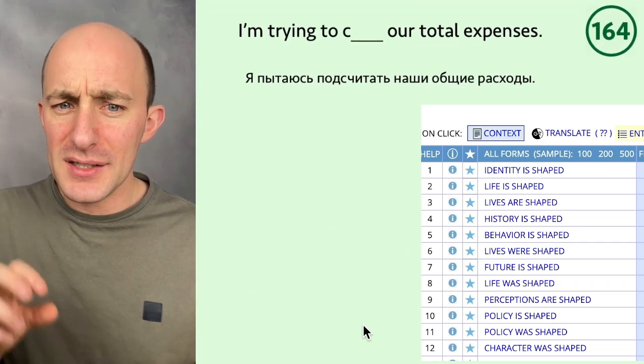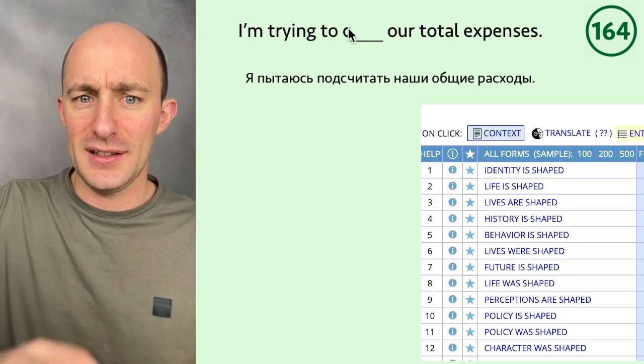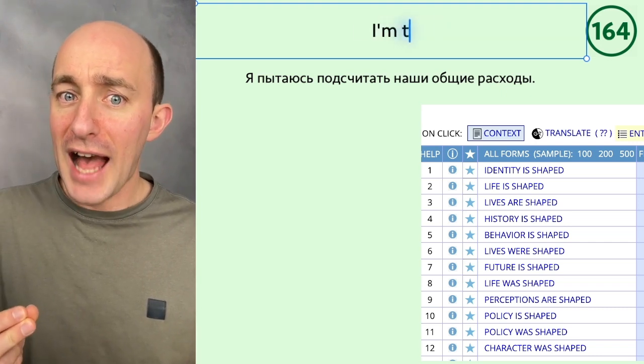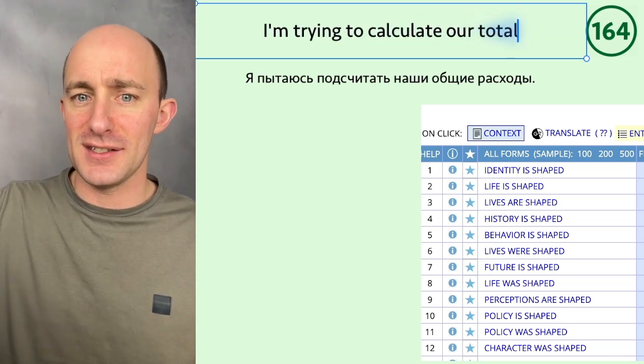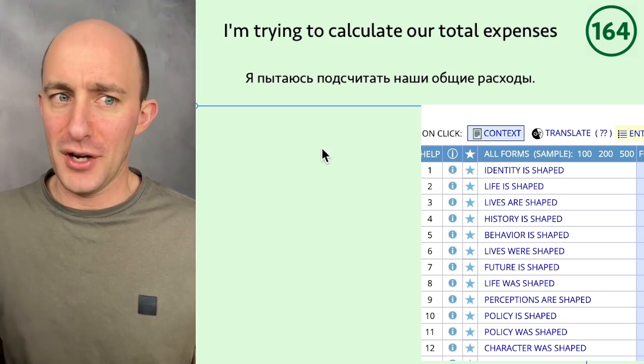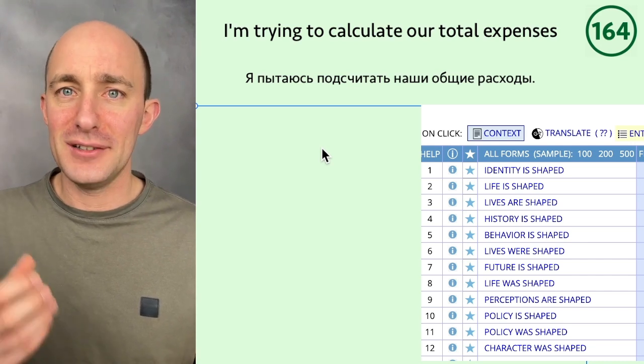164. I'm trying to calculate our total expenses. Of course, everybody knows the word calculator because in Russian it's kalkulyator. What do calculators do?